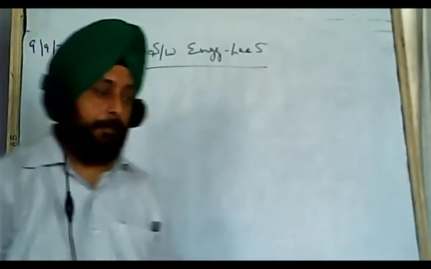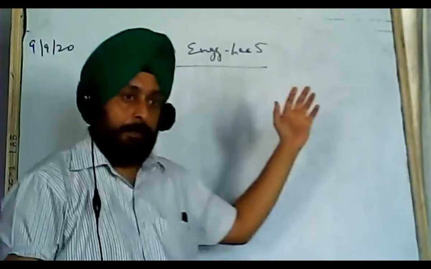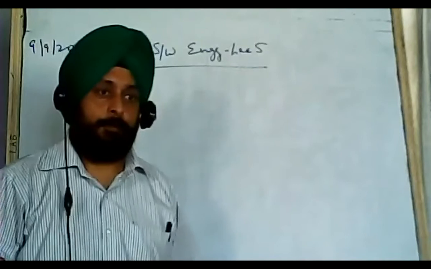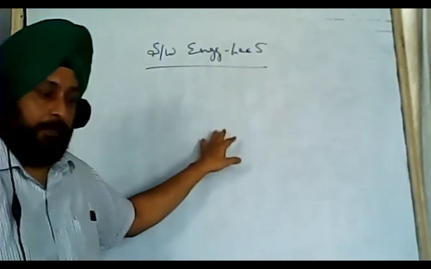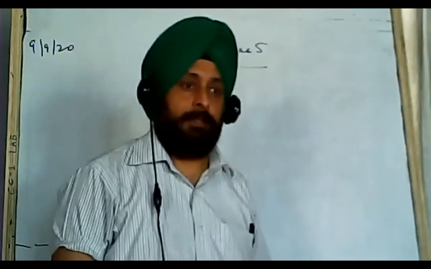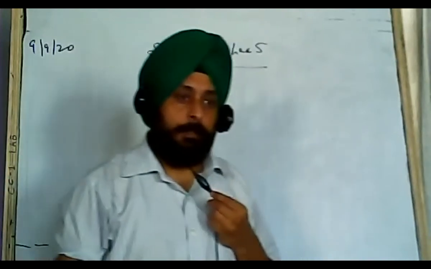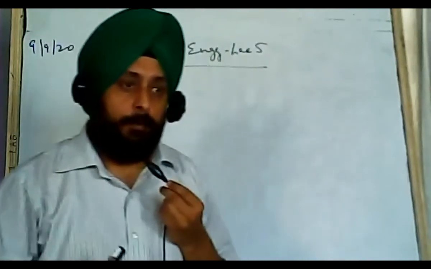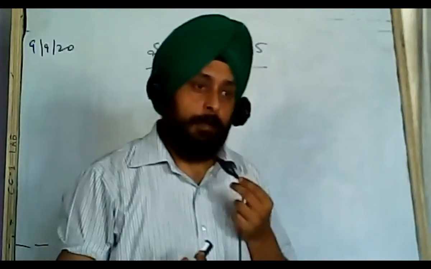So today I'm here in front of you to continue with the next chapter of your software engineering. Today is the fifth lecture of this session. In the previous lecture, what we covered was function oriented software design.